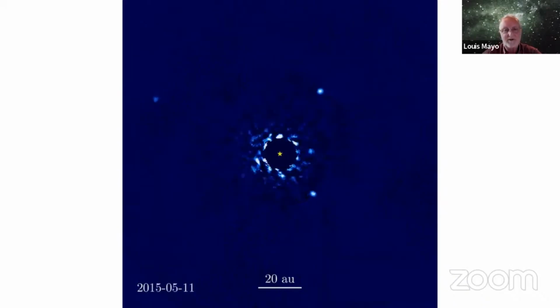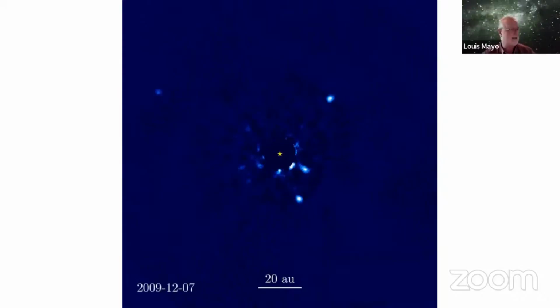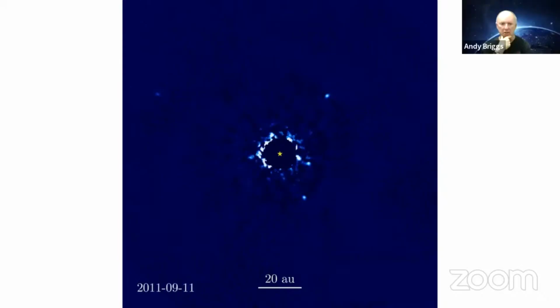So these are kind of 7 individual images that were interpolated to get a smoother orbit. And these images were taken between 2009 and 2016. What you're seeing here are 4 super Jupiters, right? Once again, big planets, lots of surface area to reflect with. And their orbital periods are decades to centuries, so they're quite far from their star. But I just thought this was an amazing animation. It is. It's amazing.